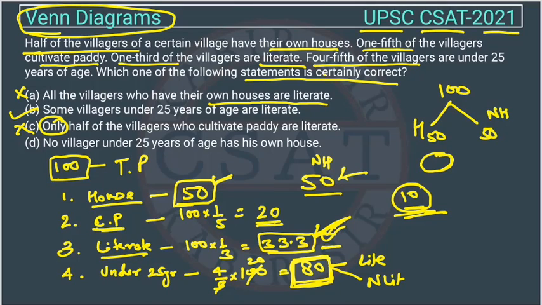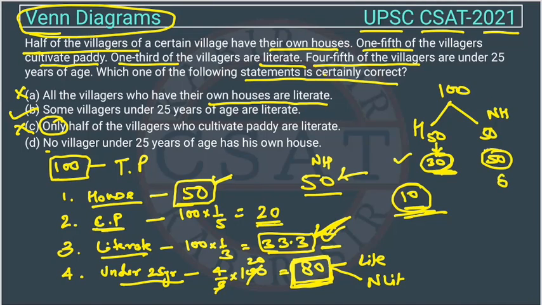So this 80 will get divided between here and here. We don't know in which ratio. But here the statement is saying no villager under 25 has his own house. Suppose we put 50 out of the 80 here, still there are 30 remaining who are under 25 and they are owning a house, right? So this case is possible here.